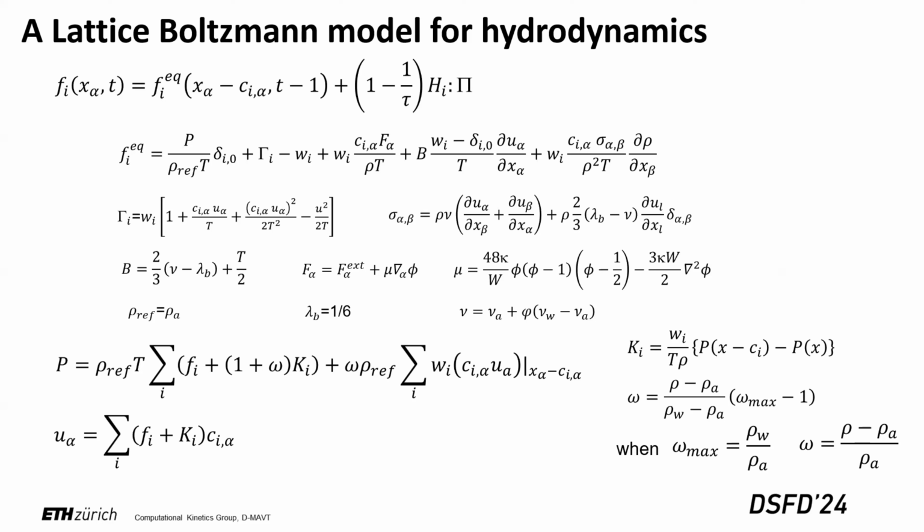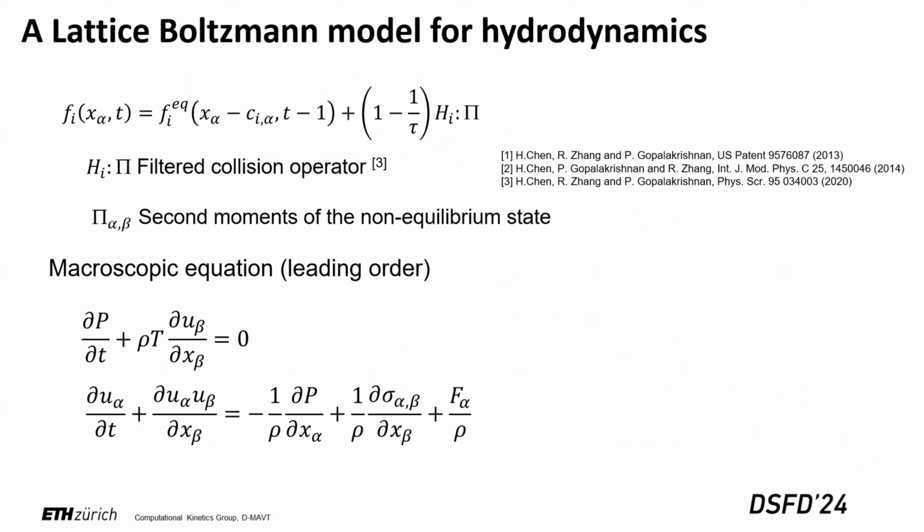Now the zeroth moment of the equilibrium state is simply proportional to P, and not P over rho. Also the first moment of the equilibrium state is simply U, coming from here. So they should avoid the issue we mentioned at first in this talk.